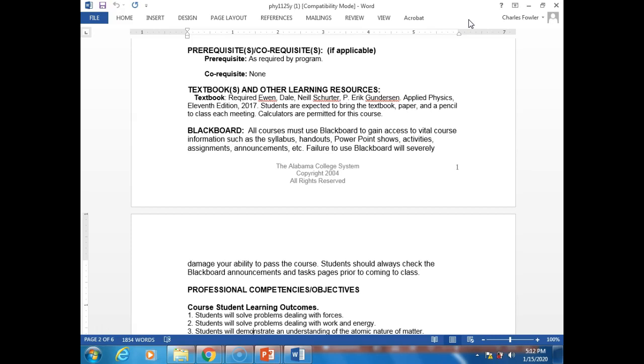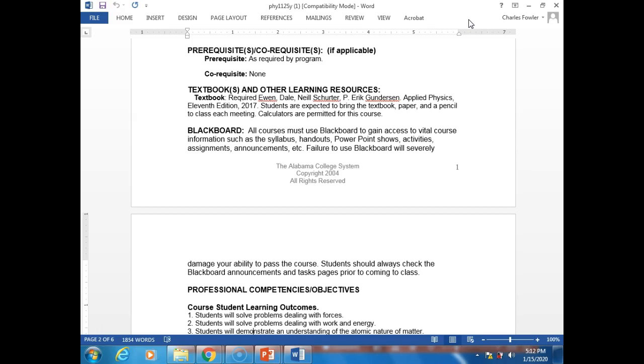From what I understand, the nursing program, which oversees the diagnostic medical sonography, have decided that as required by program will be Math 100. Have all of you had Math 100? Okay, good. If you haven't, if you've had 098, you're still going to be okay, I think. But I don't know how you got in here because they made that a prerequisite. Okay, so hopefully all of you have it.